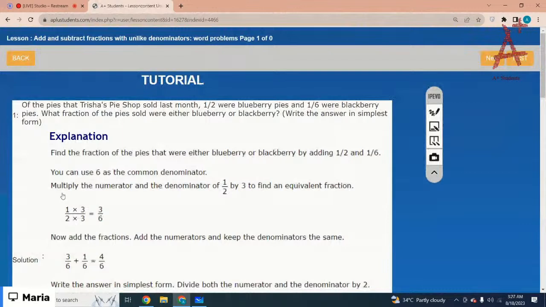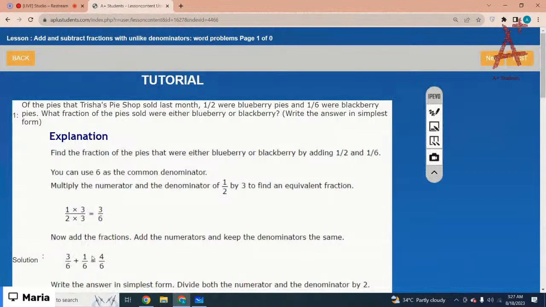What fraction of the pies sold were either blueberry or blackberry, right? That means you have to add them. So the fractions are 1 over 2 and 1 over 6. First of all, you have to make their denominators the same. So you have to multiply the fraction. 2 times 3 makes 6, right? So you have to multiply the fraction by 3. 1 times 3 is 3 and 2 times 3 is 6, right?